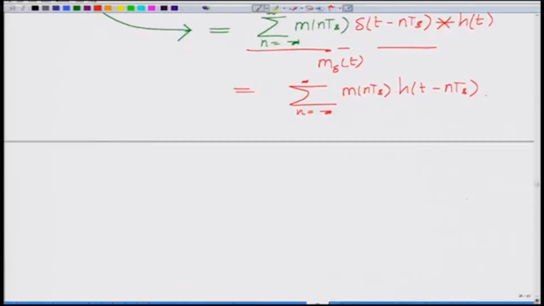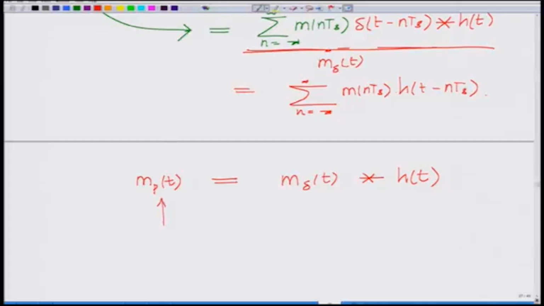Now, the interesting thing is that the pulse amplitude modulated signal mP of t equals m delta t convolved with h of t.